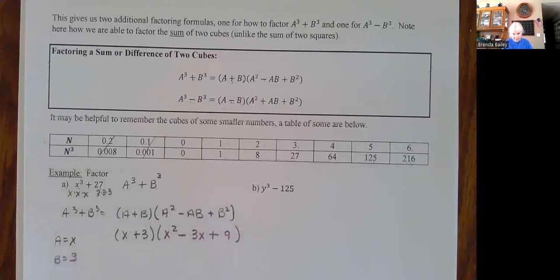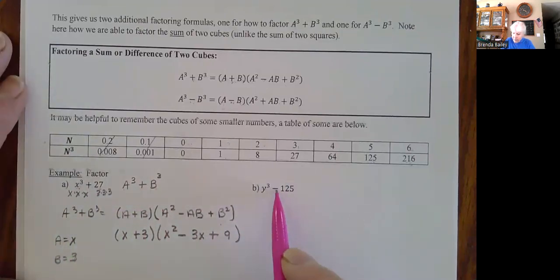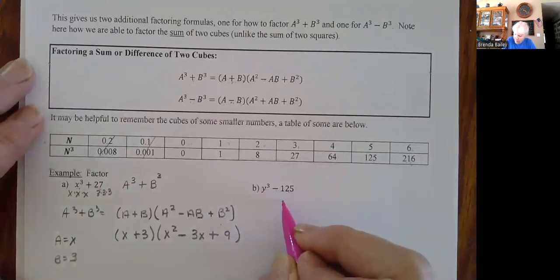Let's try another one. And always look for the greatest common factor, which I forgot to mention here. Is there something I can pull out before I start the factoring process? No, there's not. So now this is a difference of 2 cubes. So I'll just write the minus b cubed.